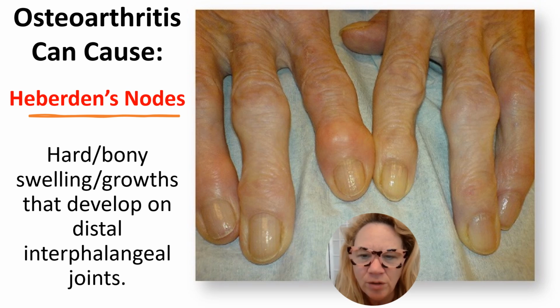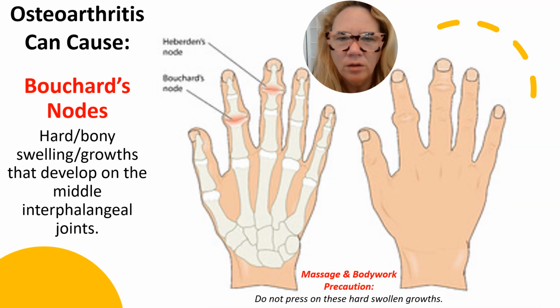And you can see the middle finger of this geriatric female is also swollen with hard bony growth. When you see them on the middle interphalangeal joints of the fingers, they're called Bouchard's nodes. So when you see these hard bony growths on the distal fingertips just below the fingernail, they're Heberden's nodes.